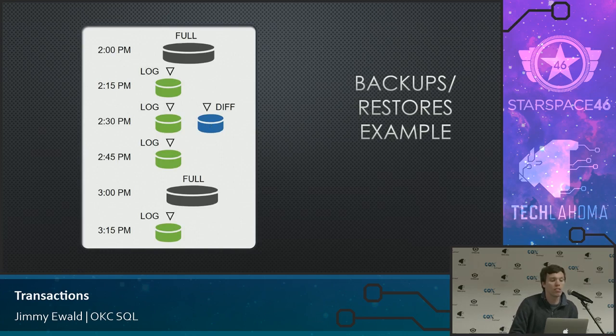So if you took an unscheduled backup at 2:17 and you tried to apply the 2:30 differential to the 2 o'clock full backup, you would get a failure. It wouldn't work because you took a full at 2:17. So there's another invisible full in there at 2:17. That can cause problems because you wonder, why can I not restore to 2:30 p.m.? I am using my full, I'm using my differential, I know I only have to use one differential. What is happening?